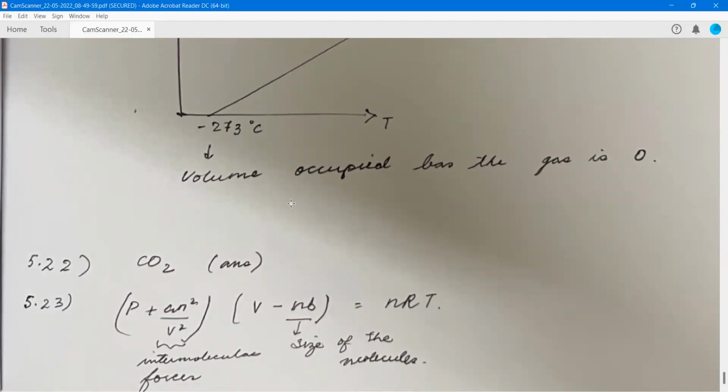So they have mentioned the critical temperature, and they have asked in which gas the intermolecular force is higher. We know that below critical temperature, any gas liquefies. So whichever gas has the higher critical temperature, more positive, that will liquefy first.